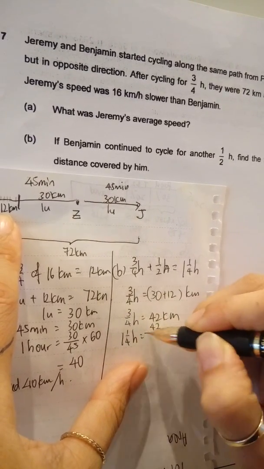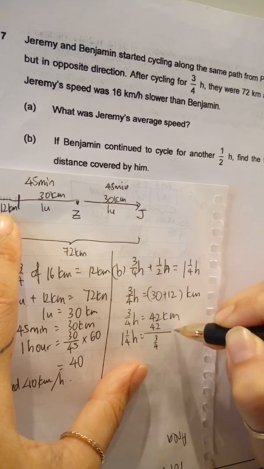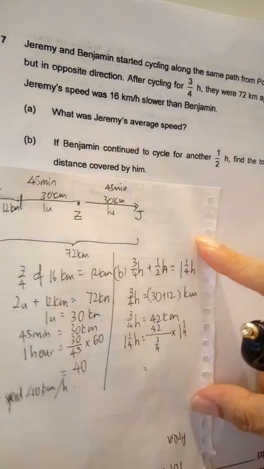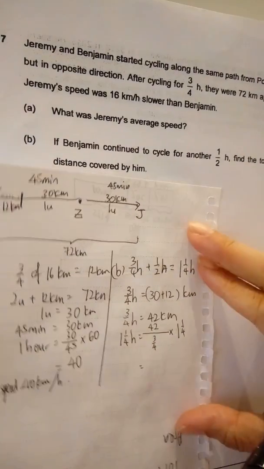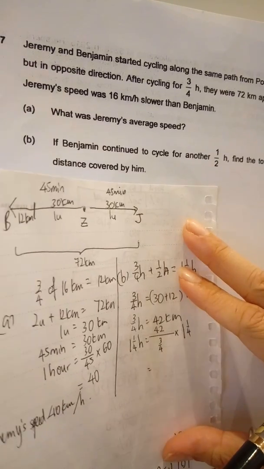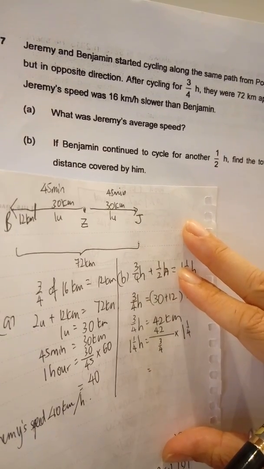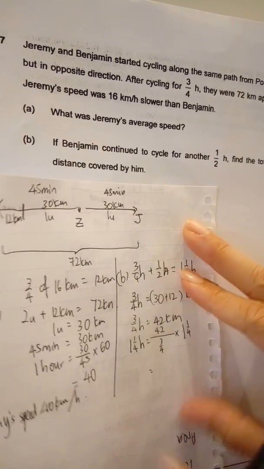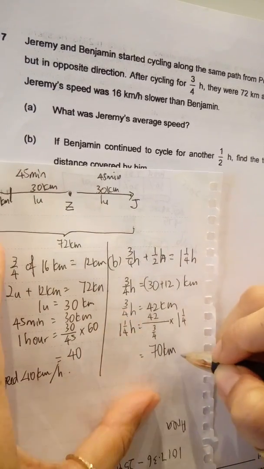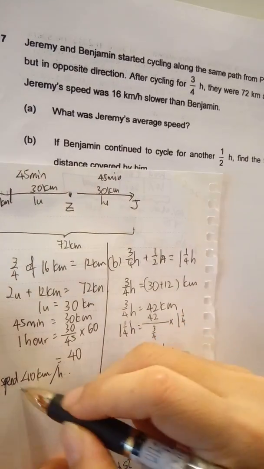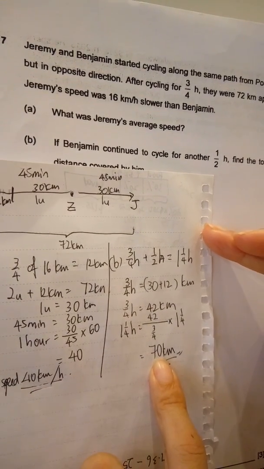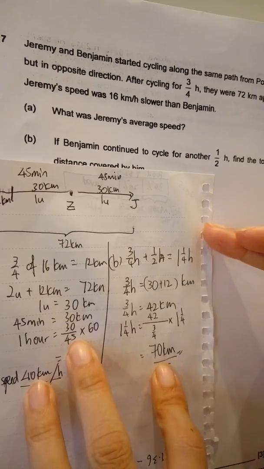Right hand divide by left hand times bottom number. 42 divided by 45 times 75. So he traveled 70 kilometers. Answer: the first one is 40 kilometers per hour, and the second one is 70 kilometers.